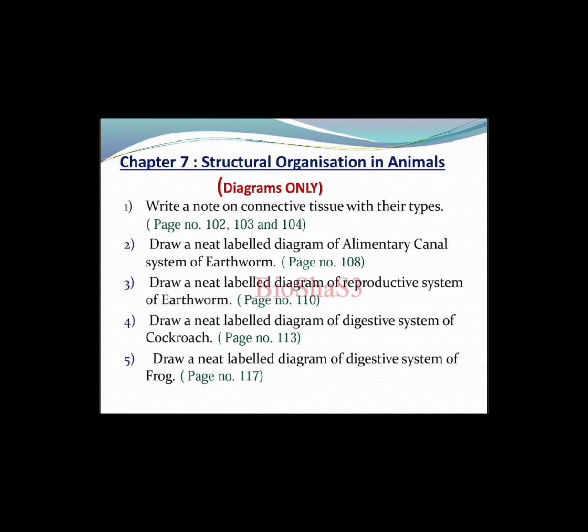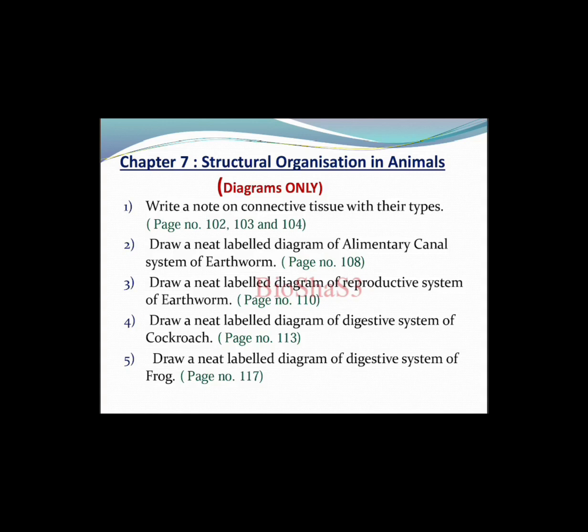The remaining 4 marks are divided into 8 labelings, and below the diagram you have to write the footnote. Please refer to my previous videos where I have told you how to draw diagrams and write scientifically. I'll give the link in the description.